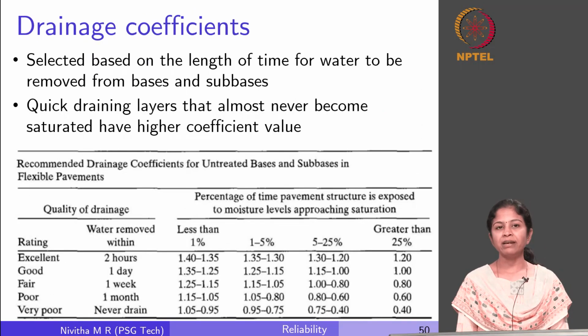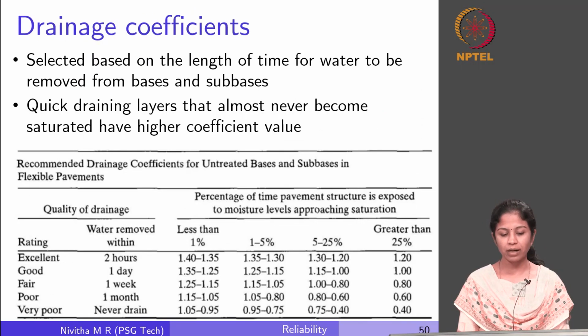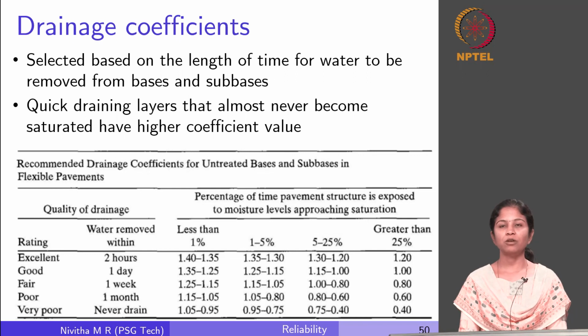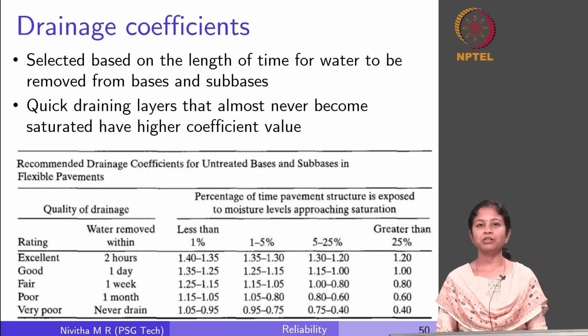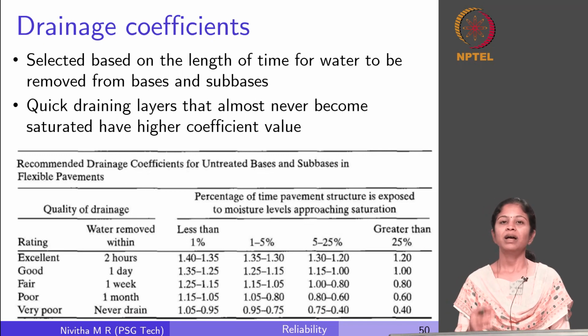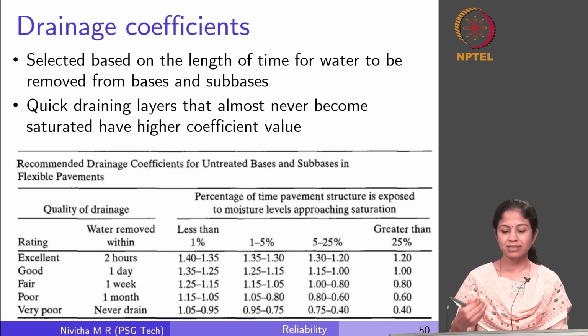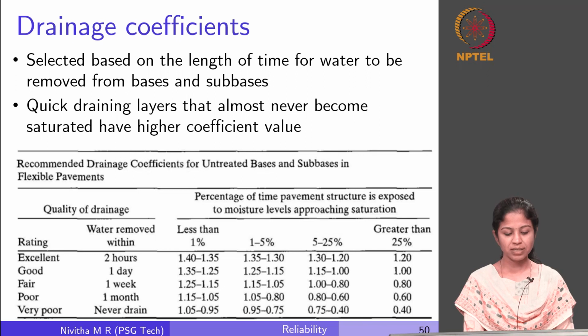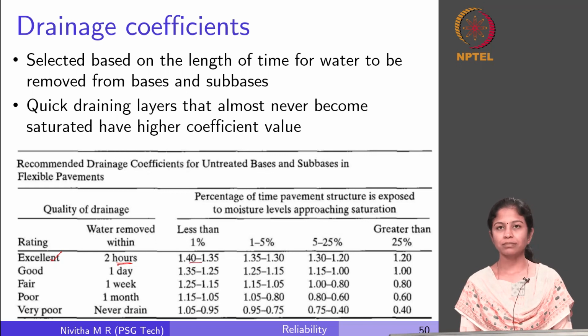Then we also have drainage coefficients M2 and M3. So, this is selected based on the water retention capacity of a given layer, right. So, it is defined in terms of the length of time for water to be removed from base and subbase. So, if the layer is drained quickly, right, if it is excellent quality of drainage and water is removed within 2 hours, then this coefficient is higher, right.